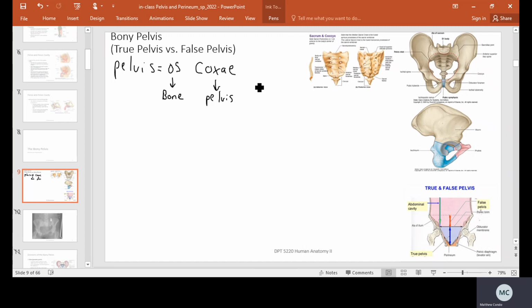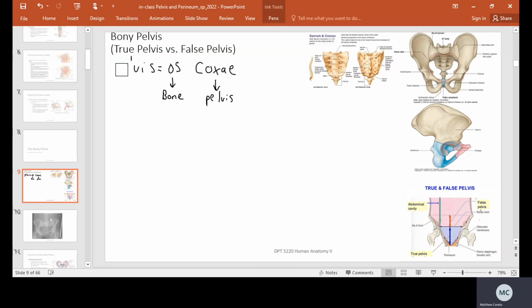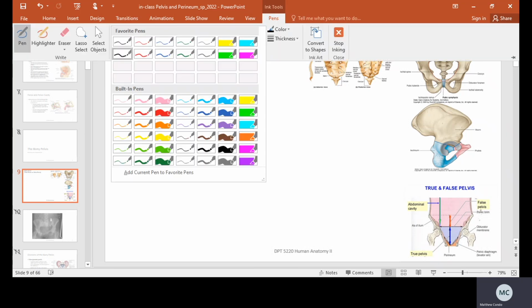All right, so first thing I'm going to cover is something called the true pelvis versus the false pelvis. Okay, and this is a term you're going to see in the textbook, so I want to dispel some myths here. Okay, so number one, get a thicker pen here.